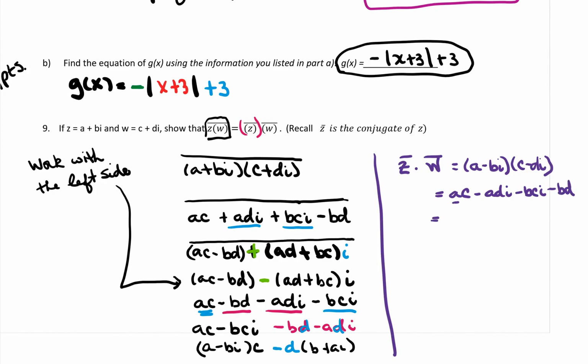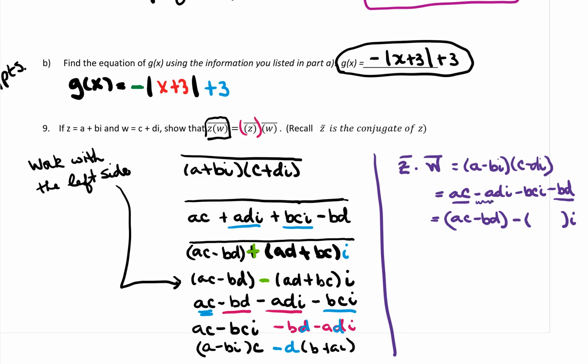Regrouping our real terms, AC minus BD, and let's factor out a negative I. I'm going to put parentheses around that, and pulling out a negative, I'm going to put the I out back.